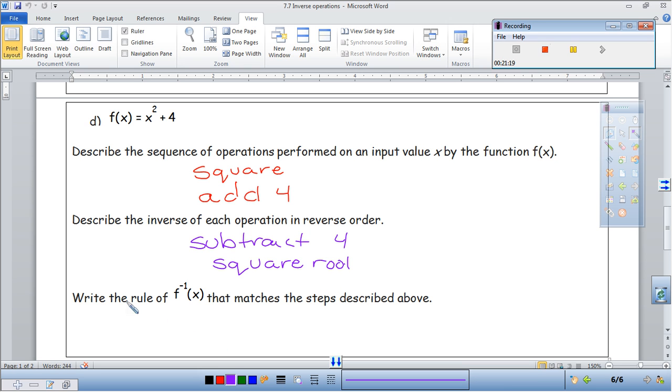Okay, so the rule for the inverse function is we're going to take x, and have f inverse of x. With x, you're going to subtract 4, and then take the square root of the whole thing.